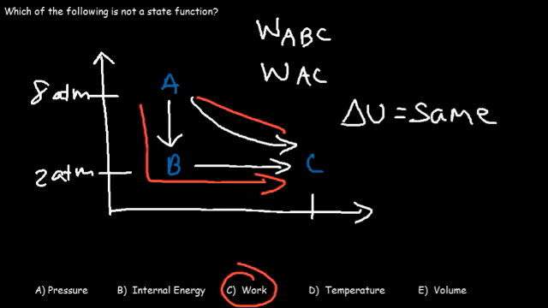If I go from A to C, at C the pressure would still be 2 atmospheres. So as you can see, the pressure is a state function. It depends on the initial and final states, just like internal energy. Whereas work and heat, which are forms of energy transfer, depend on the path taken, and so work and heat are not state functions.